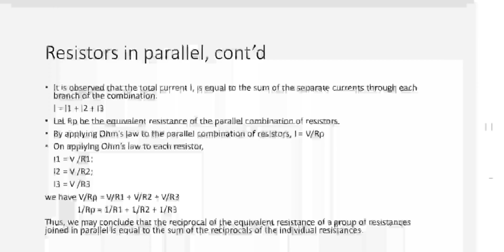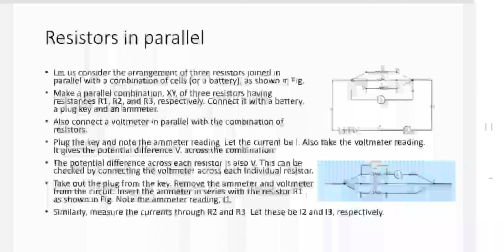So we are able to understand that I equals I1 plus I2 plus I3 and voltage remains the same, even though we are measuring from the first diagram parallel to all three resistors or from the second diagram individually across R1 or R2 or R3. We have the same voltage drop in parallel, so V remains constant.